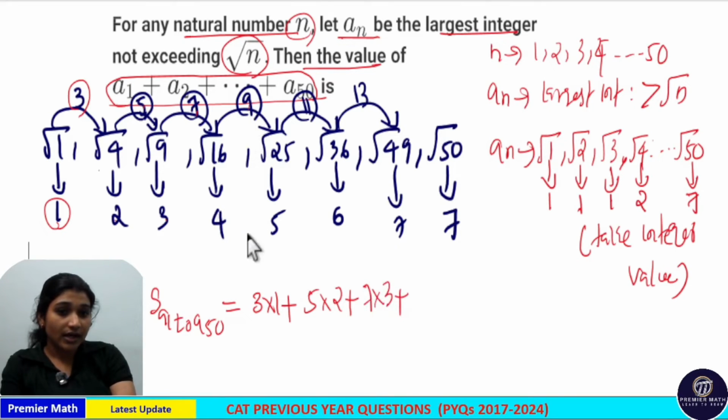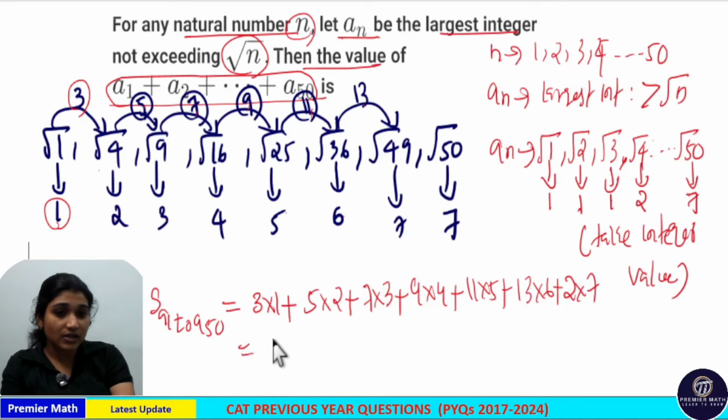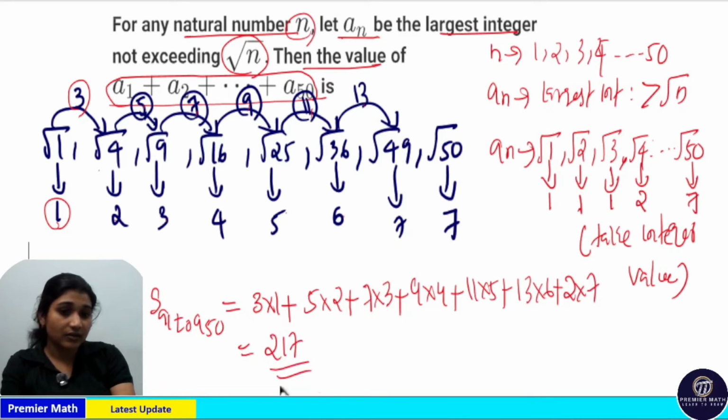In the same way, 9 into 4 plus 11 into 5 plus 13 into 6, plus for 49 and 50 the integer value is 7, so 2 into 7. Now the sum of this is equal to 217. So your answer is 217.